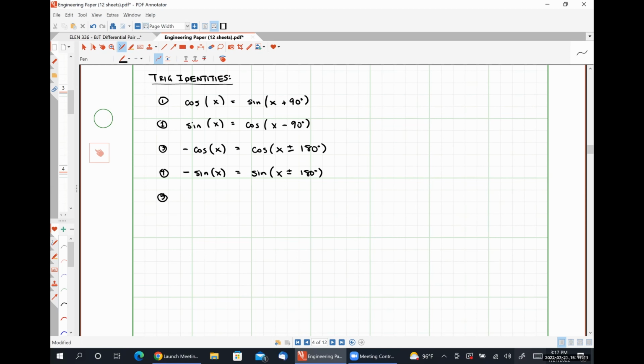So the first new identity that we're going to have here is sine of x plus y is equal to sine x cosine y plus cosine x sine y.